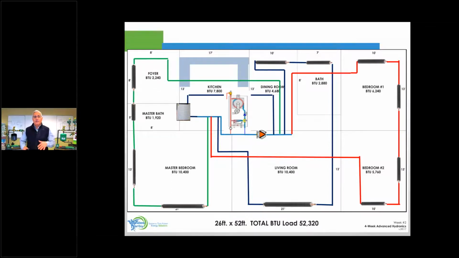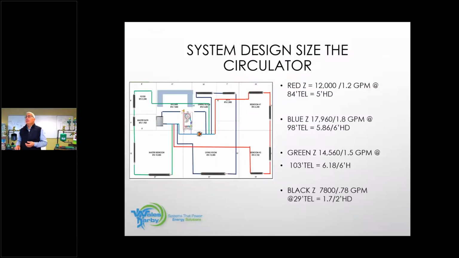All right, so everybody should have been clicking, writing, and have all this listed in front of them. Anybody have any questions on how we got there? We're good. All right, so now we know the GPM, we know the head per zone. Got to pick a circulator. That's the information you should have.